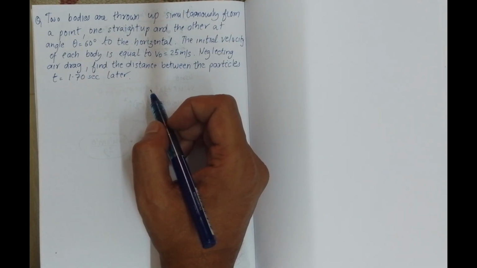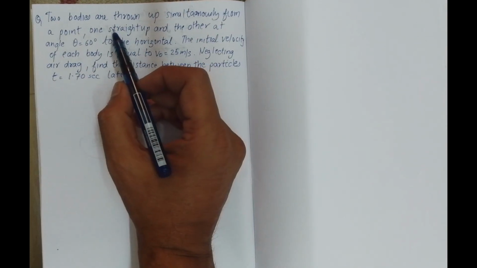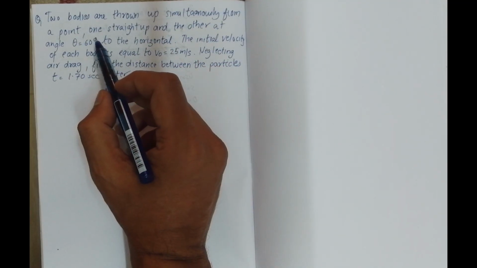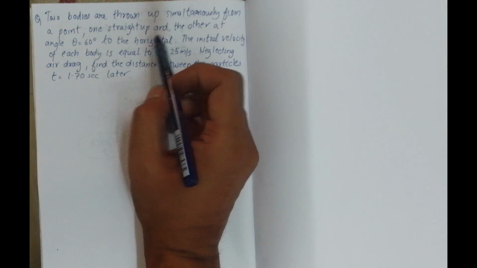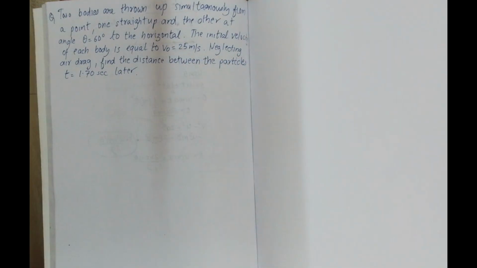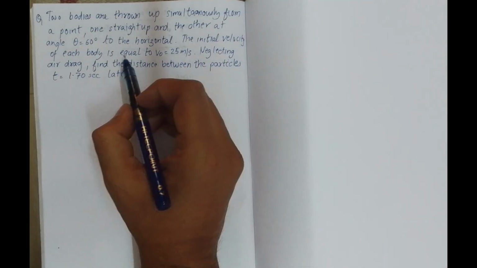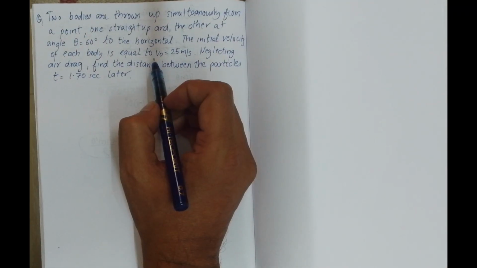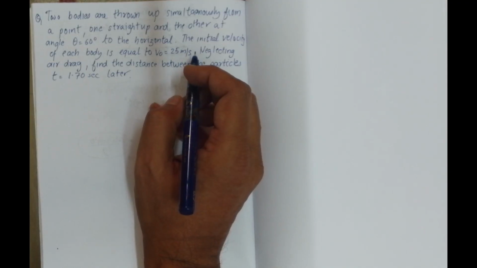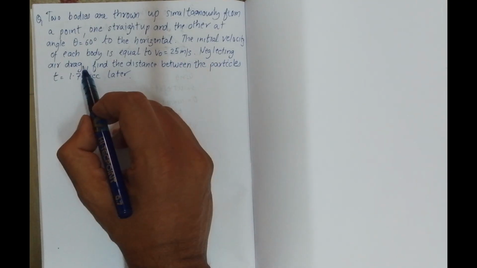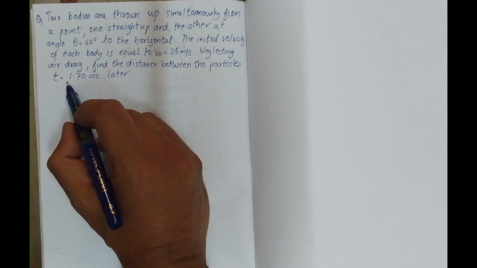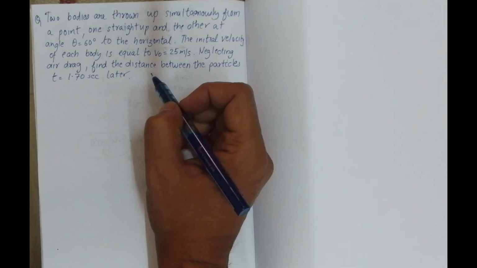So let's take a question. Two bodies are thrown up simultaneously from a point, one straight up and the other at an angle 60 degrees to the horizontal. The initial velocity of each body is equal to v naught equal to 25 meters per second. Neglecting air drag, find the distance between the particles 1.7 seconds later.